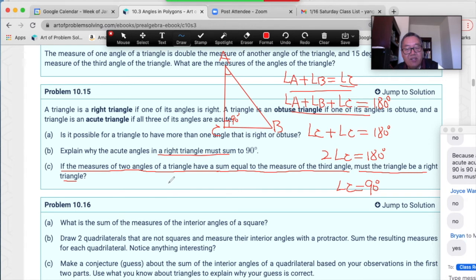So you can say statement A is that in a right triangle, the sum of the other two angles equals 90 degrees. And statement B is that if angle A plus angle B equals angle C, then this triangle should be a right triangle. These two statements are equivalent.